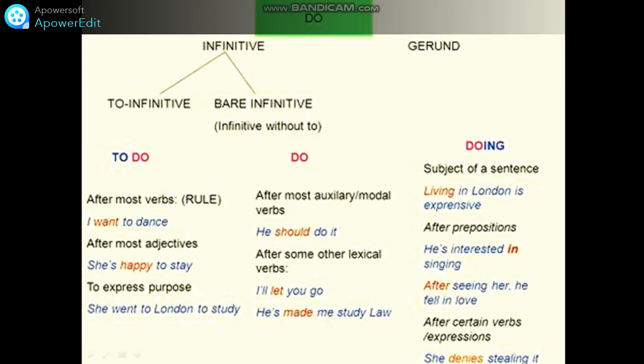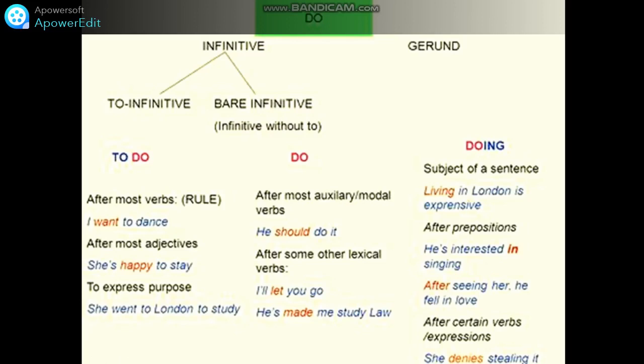Let's move to gerund now. So gerund is used when it is the subject of a sentence, like for example, living in London is expensive. Playing football is my hobby. Good. Next one. It's used after prepositions, like for example, he's interested in singing.